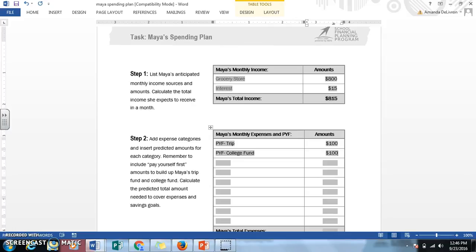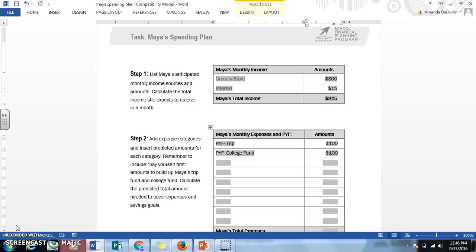That would mean that in another 5 months, she'll have enough money for her trip. And for college, in about 10 months' time, she'll have another $1,000 saved. So that's acceptable for right now. As we go through our other expenses, we might be able to edit these. We might have to add some more, or we might have to reduce how much she's saving.